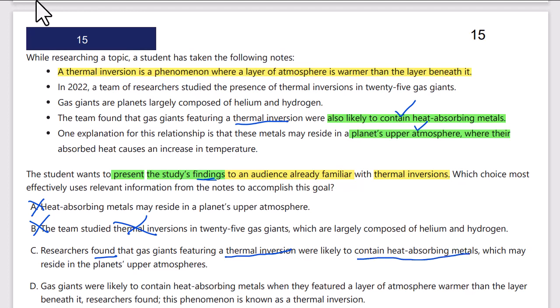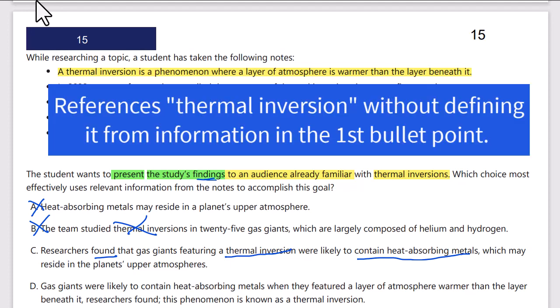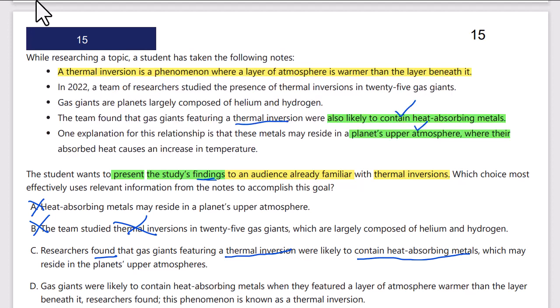That is one of the findings, and it is properly referencing the study of thermal inversions here, which may reside in the planet's upper atmosphere, which is kind of the other part of the study's findings. This looks to be the correct answer. It's indicating the findings of the study, it's meeting that goal, and it's not including the full background information of defining what a thermal inversion is, but it's correctly showing the study's findings.